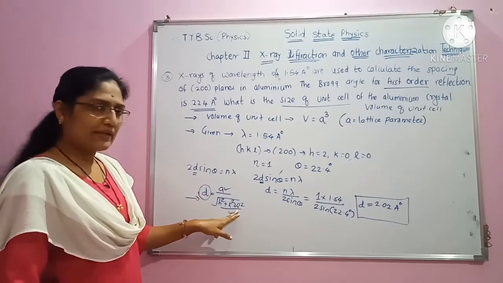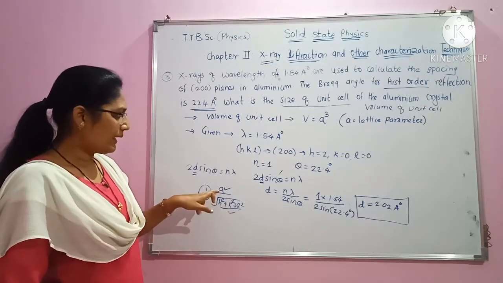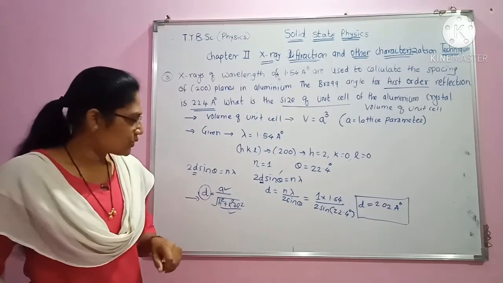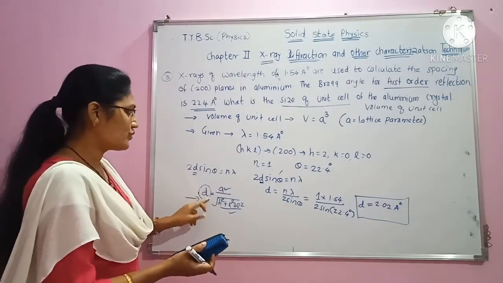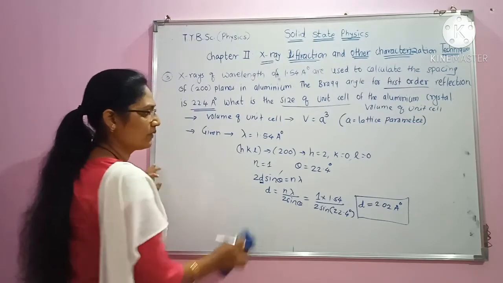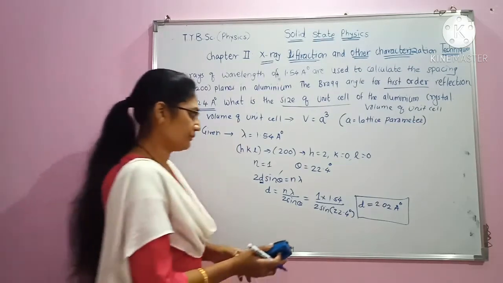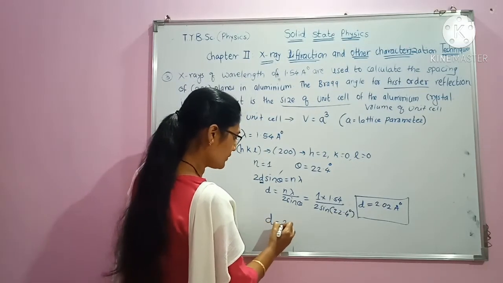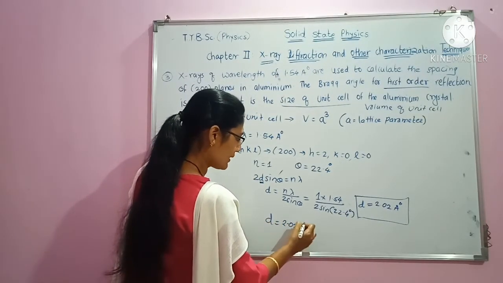The HKL planes are known to me and I can calculate the value of a. So now I have to use this formula, and I will shift this value here: d is equal to 2.02 angstrom.